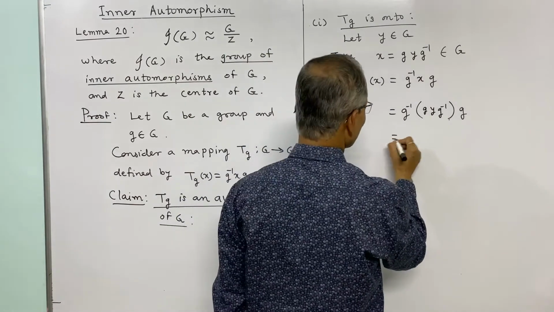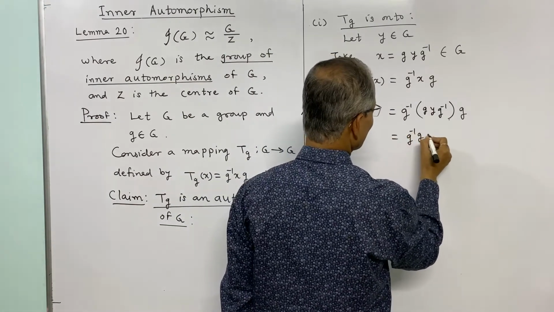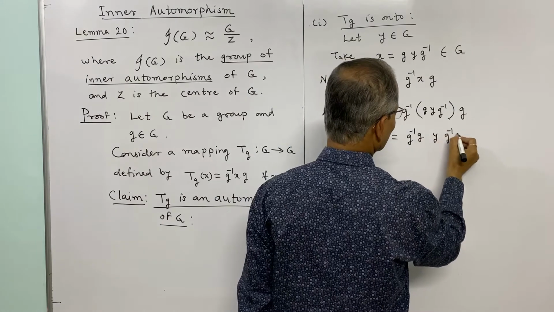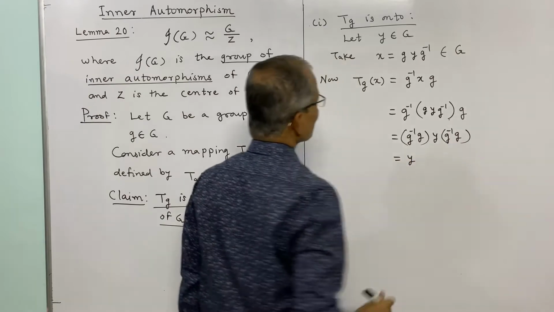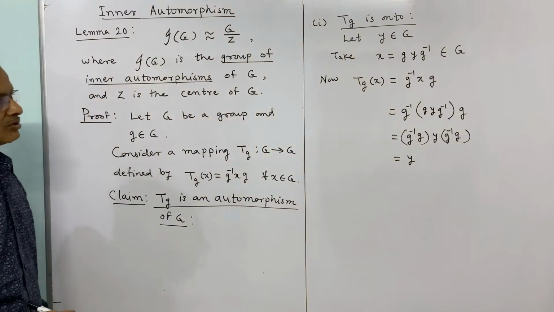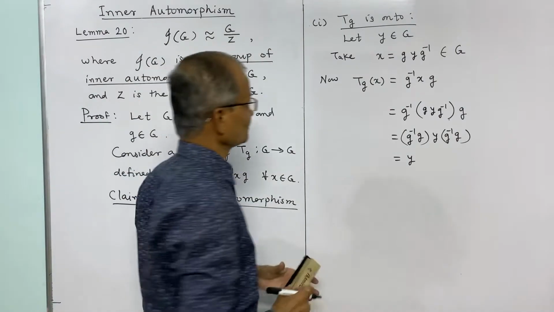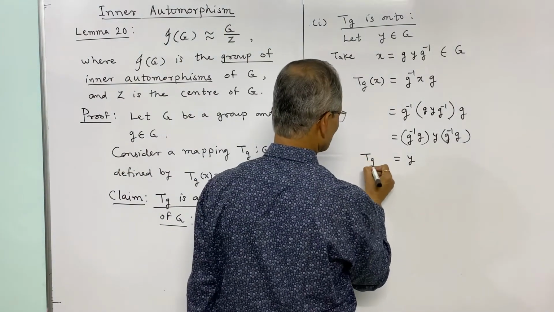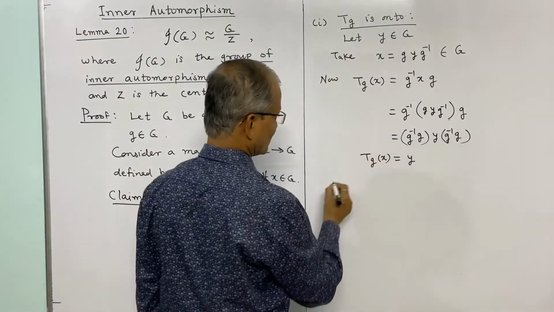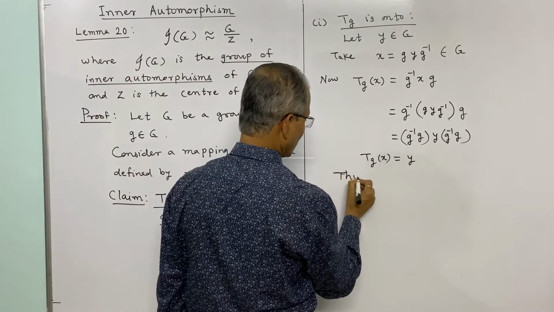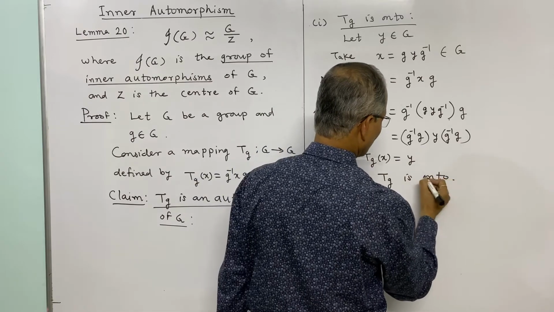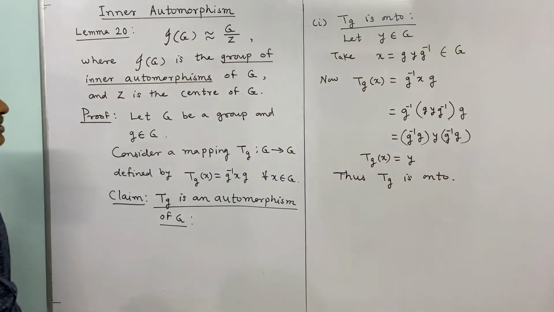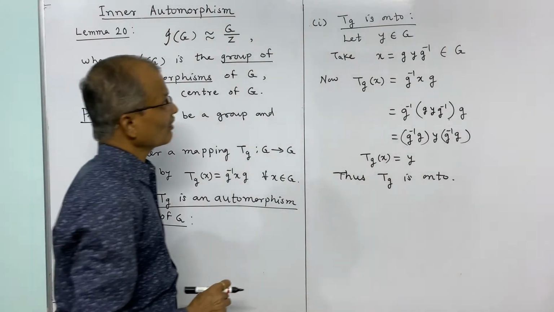So this is equal to y. So Tg of x is equal to y. This shows that Tg is onto.